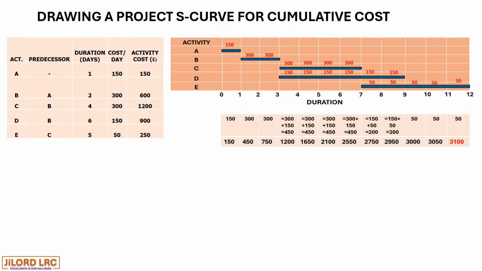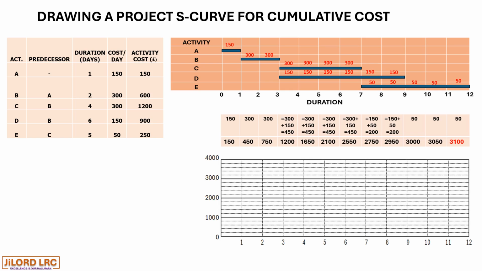Now we have to draw the project S-curve. We have our chart and have the labels. On the vertical axis is the cumulative cost, and on the horizontal axis is the duration in days.